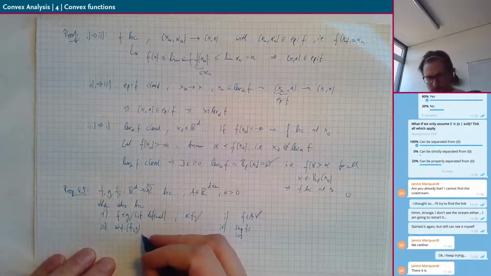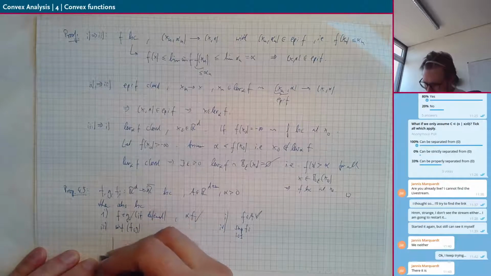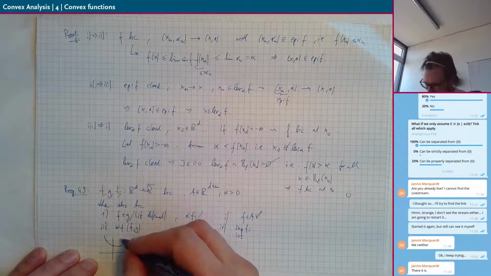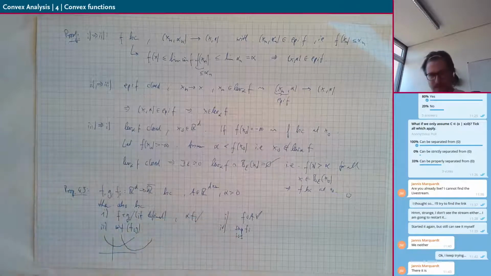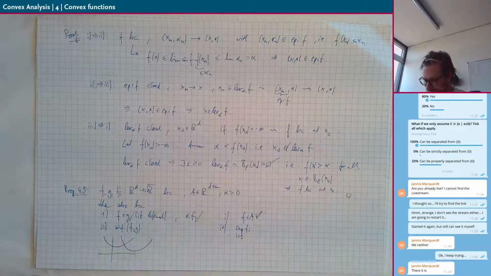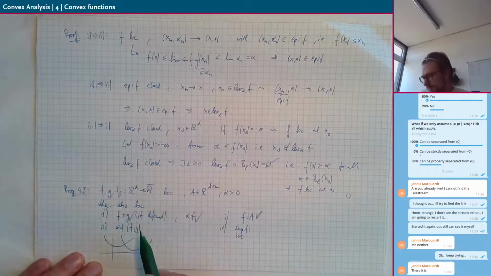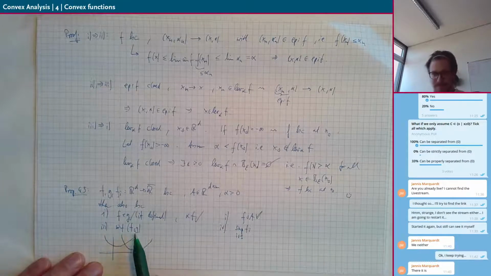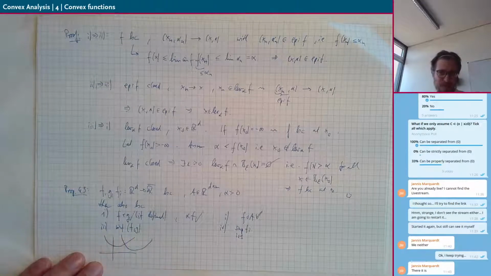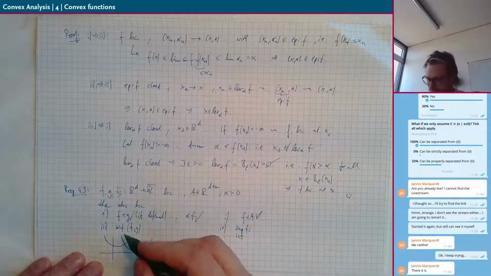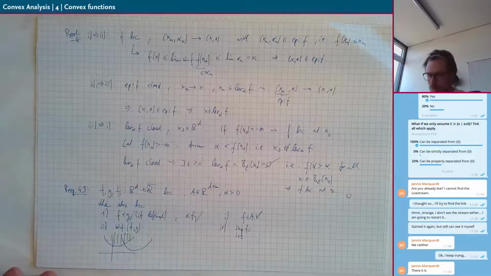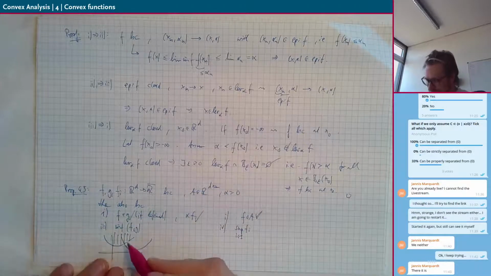So for the infimum, we just draw a picture. If this is f and this is g, then one way to show that this function is LSC is seeing that the epigraph of this function is closed. The epigraph of f is all which is here, and the epigraph of g is all which is here.